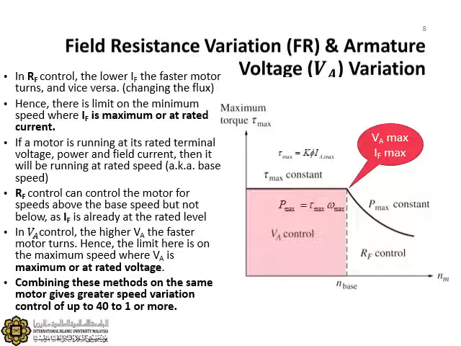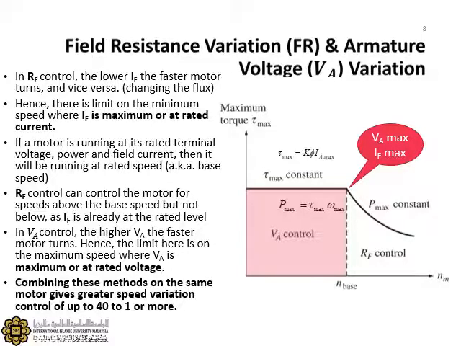In the RF control method, the lower the IF, or the field current, which is directly controlled by adjusting the RF, the faster the motor runs, and vice versa. So how do you lower the IF?